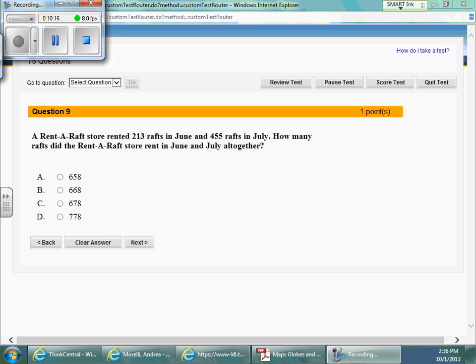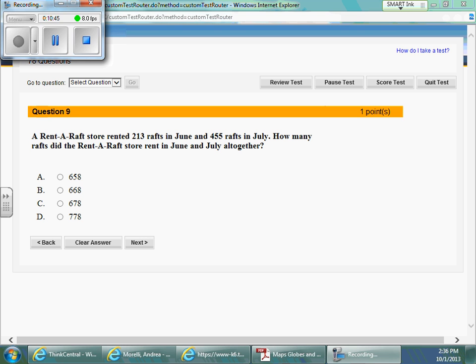Okay, our Rent-A-Raft store rented 213 rafts in June and 455 rafts in July. How many rafts did the Rent-A-Raft store rent in June and July all together? There's a keyword in there that tells us which operation to use. What is it? Kyle? No, not how many.